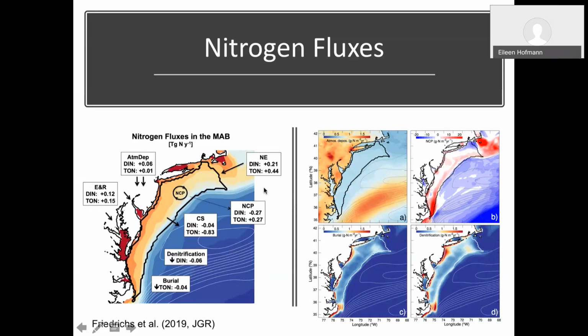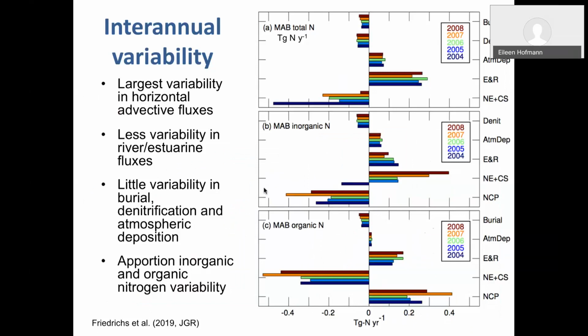All right, so if we go and look at the 5 years that went into those more aggregate types of estimates, this is the total nitrogen flux now for these 5 years, the inorganic nitrogen flux and the organic nitrogen flux. All right, so this Ne plus Cs, this is the export from the shelf plus the import into the region from the north.